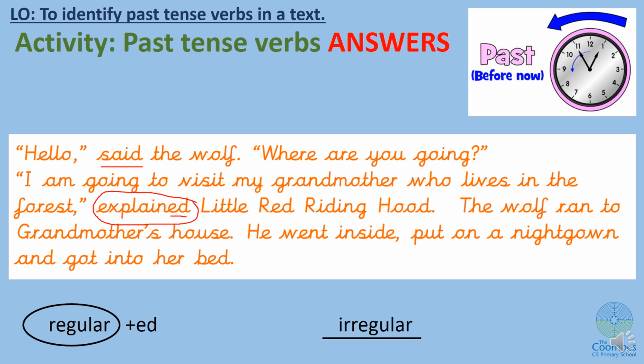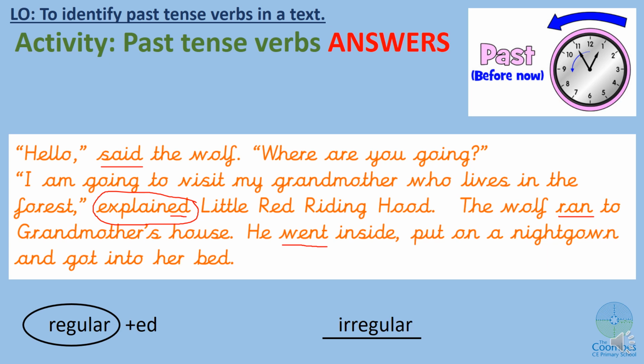The wolf ran. It's something he did. He ran. It doesn't follow the spelling pattern, so it's an irregular past tense verb. The wolf ran to grandmother's house. He went. It's something he did. It doesn't follow the spelling rule, so it's irregular.